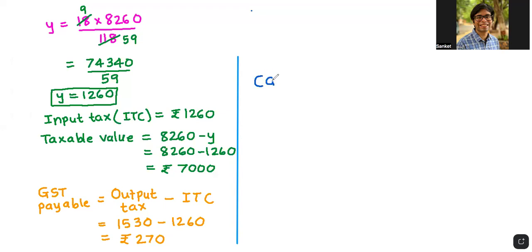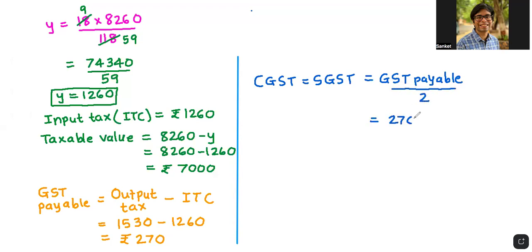So CGST is equal to SGST is equal to GST payable divided by 2. That is 270 divided by 2. That is rupees 135. So I have completed this problem by finding both taxable values as well as finding CGST and SGST as the question asked me.